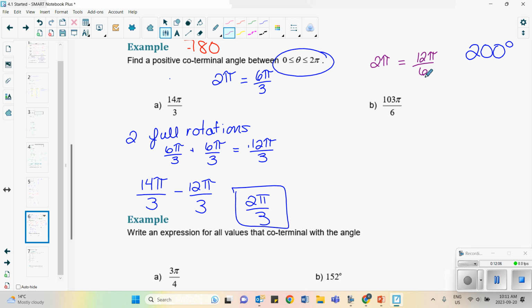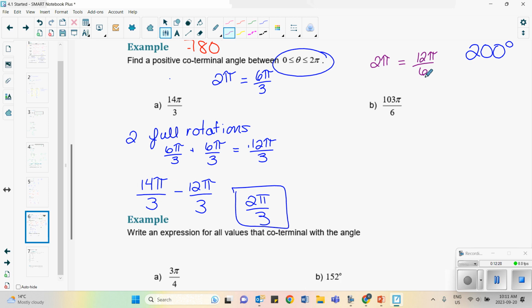I know this has definitely gone around more than once, right? 103 is definitely bigger than 12, right? So I have to figure out what multiple of 12 is closest to 103 without going over, like The Price Is Right.